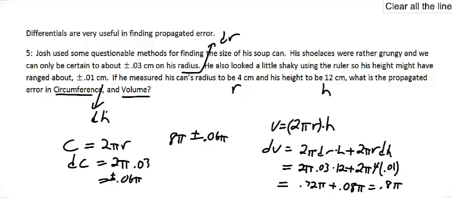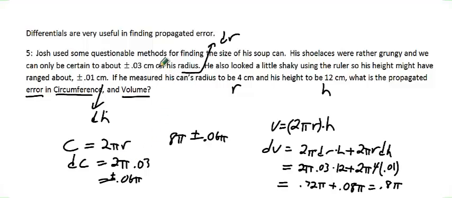Okay. So what did we end up doing? We took the derivative, basically a differential, and the reason you know to do a differential is generally when you want to find any sort of error in something that you have a formula for. Whenever you see that error, you're probably going to be doing differentials.